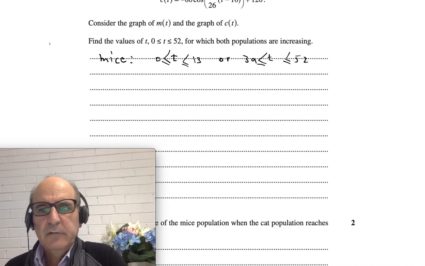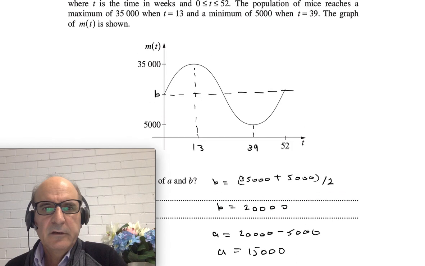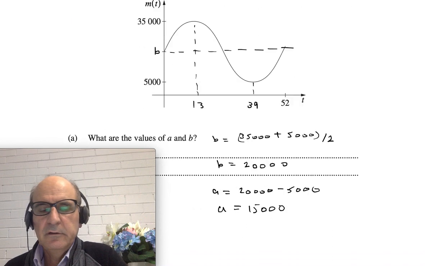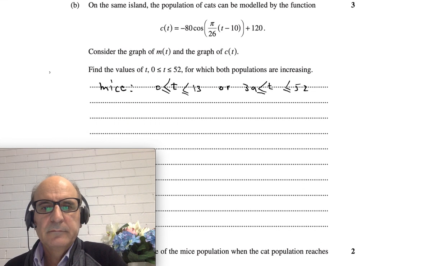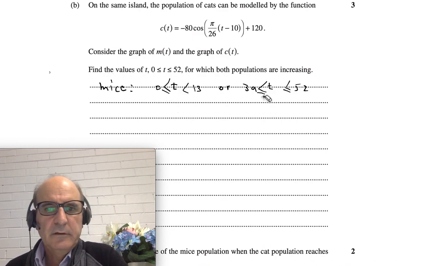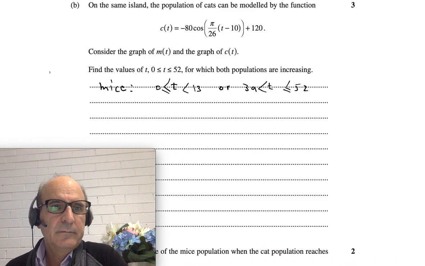I got to be careful with the equality sign because here it is stationary, so it's not increasing. So I should not take the equality for 13 and also not for 39. All right, that is for mice.